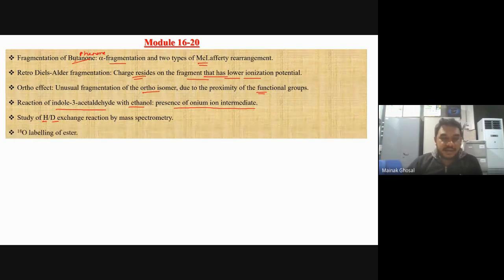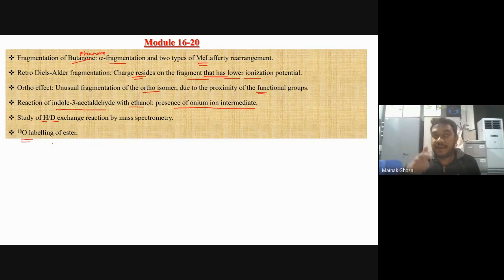Now, O18 labeling of esters can also be done. Whenever you form an ester, the oxygen may be in the OMe or OR part, or it may be the carbonyl oxygen. O18 labeling can help explain this.